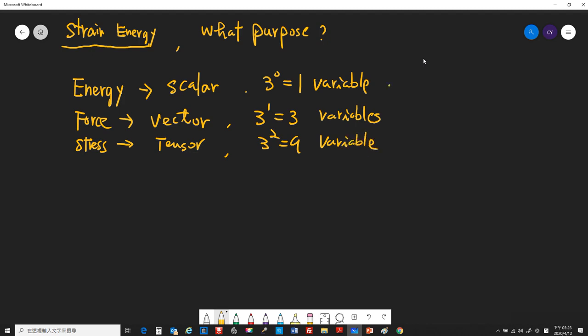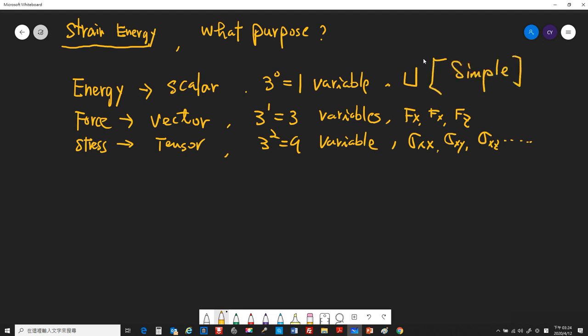The energy is U, and for force there are Fx, Fy, and Fz. And then sigma x, sigma xy, sigma xz. Totally have 9. So energy is simple because there is only one variable. About the energy, there is no direction.